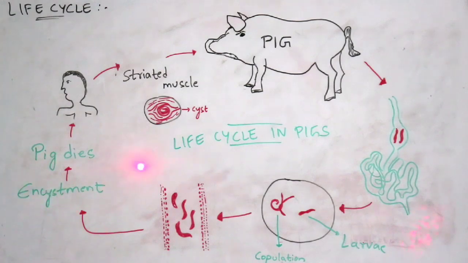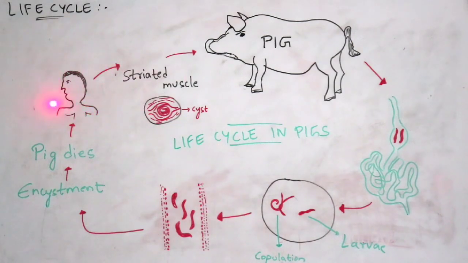And then the pig dies. When the pig dies, it will be eaten by humans, and then the life cycle in humans takes place, which I have explained before.